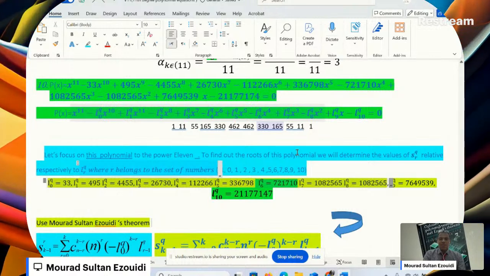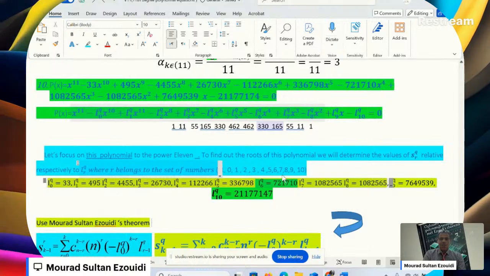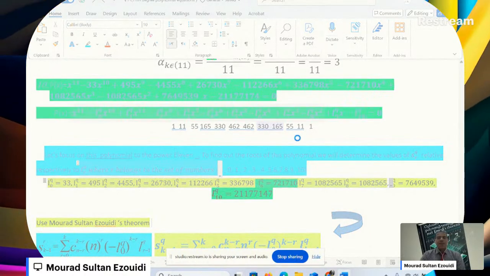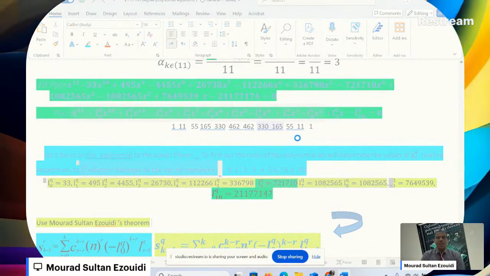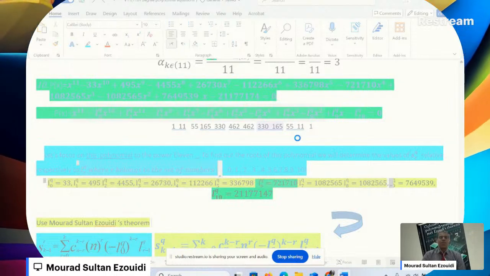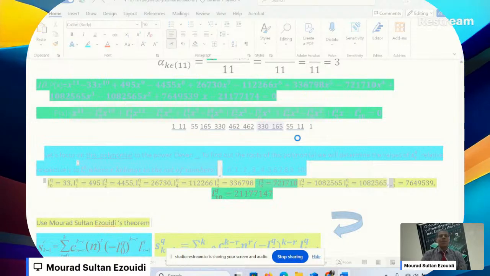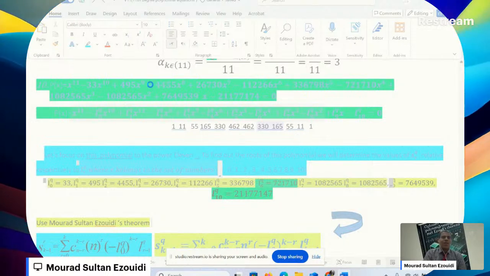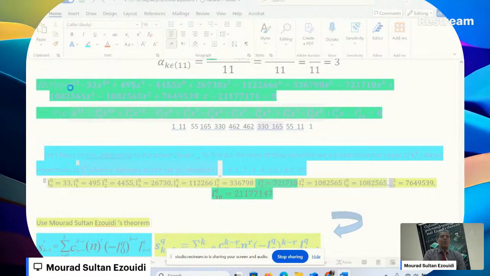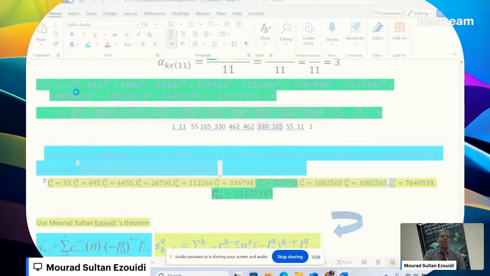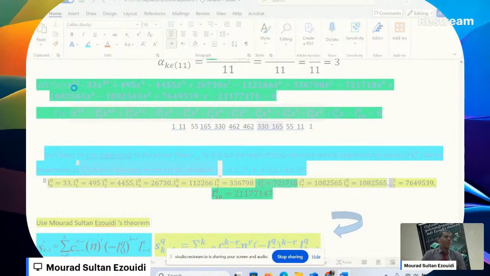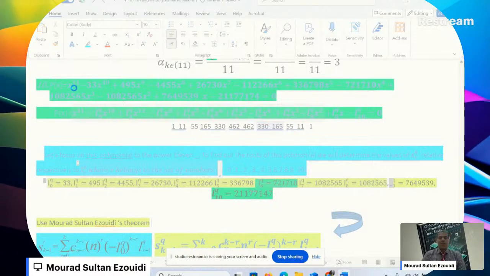By calculation you can use your own calculators, my kids. You will see that s minus 1, by convention or using Ezouidi's theorem, is always 1. Also here l minus 1 of order 2 is 1. The first coefficient, of the term x to the power 11, is 1.